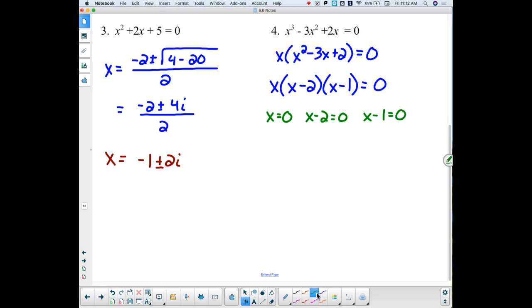And so then that gives me answers of x equals 0, x equals 2, and x equals 1. Yes, indeed we do. Okay? Love it.